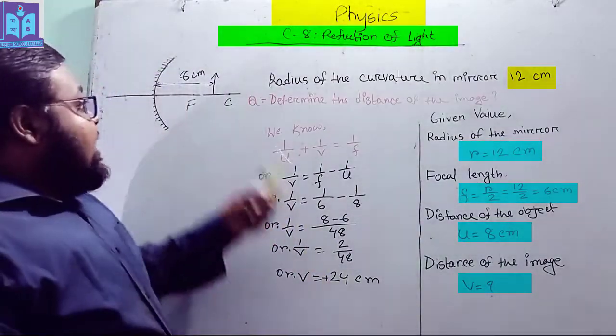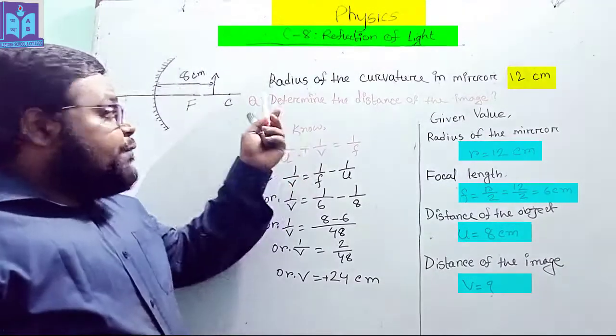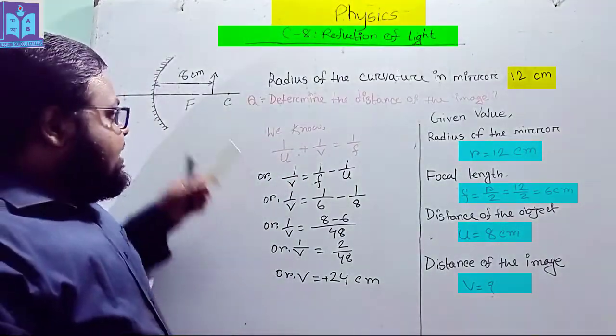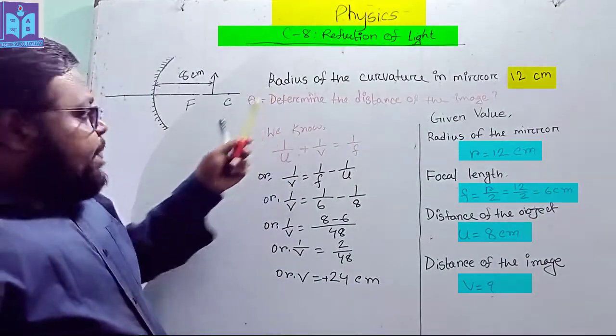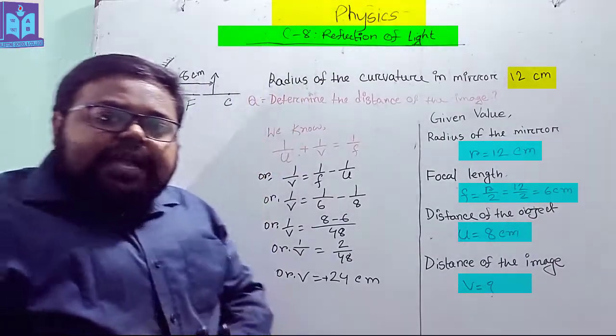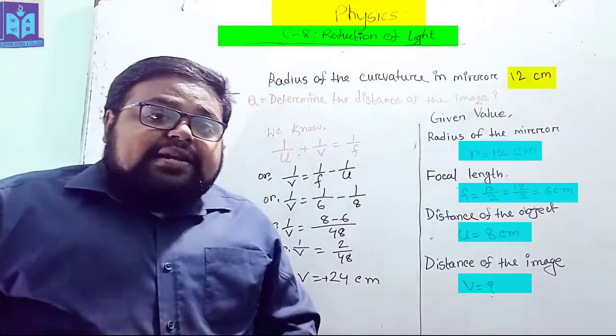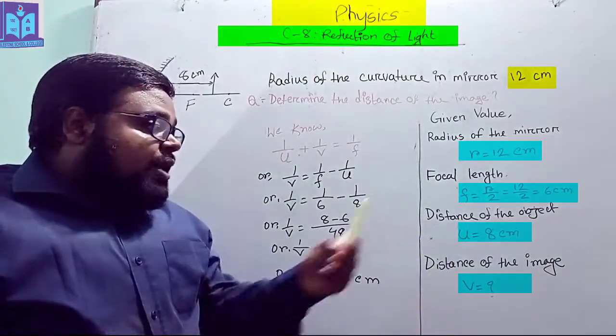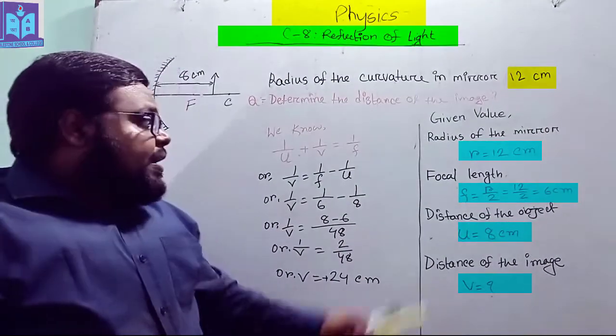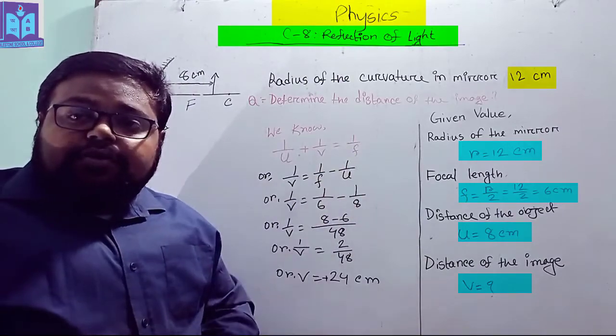That means the image will be created in front of the mirror, and the distance of the image from the pole will be 24 cm. I hope you understand how we can find the distance of the image by using this equation.